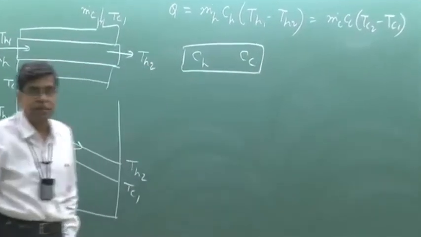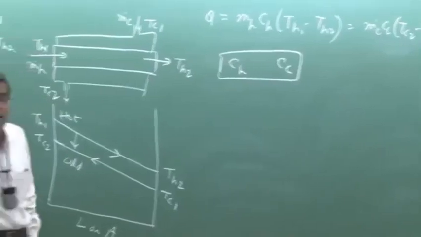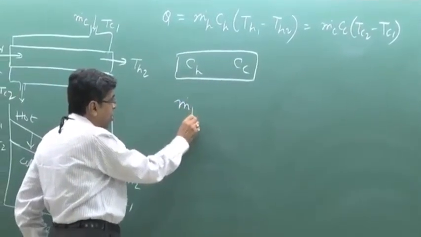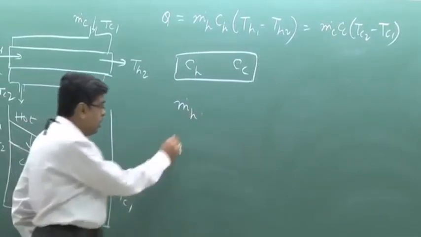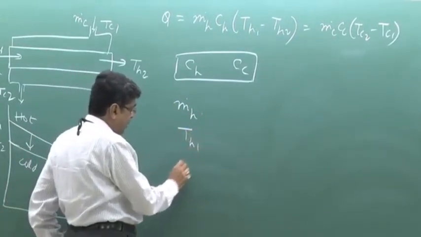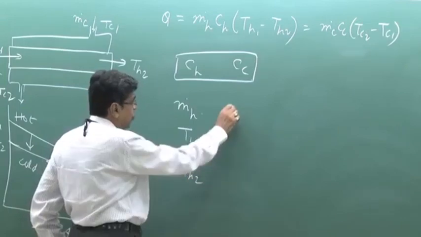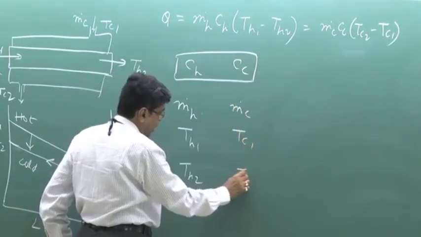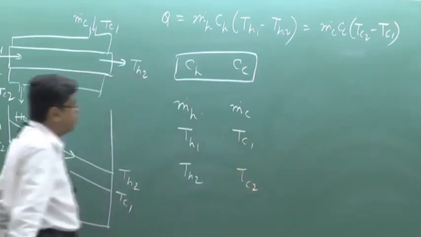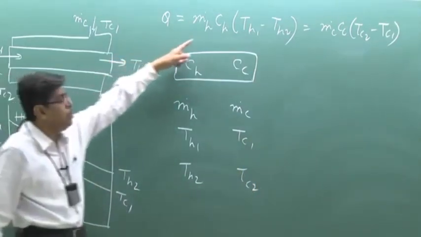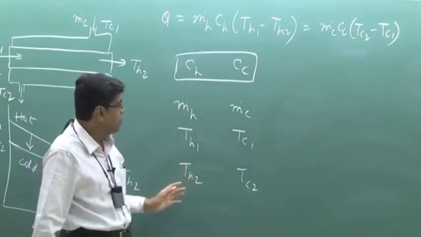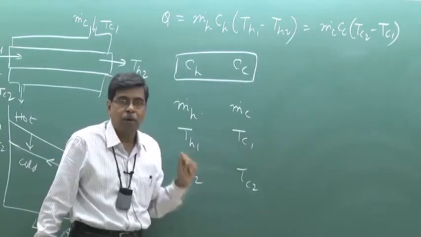Now the operating parameters or conditions are the flow rate of the hot fluid, its inlet temperature, its outlet temperature, the flow rate of the cold fluid, its inlet temperature and outlet temperature. Out of these 6 quantities, we have only one equation relating them. That means 5 are independent and 1 is dependent.